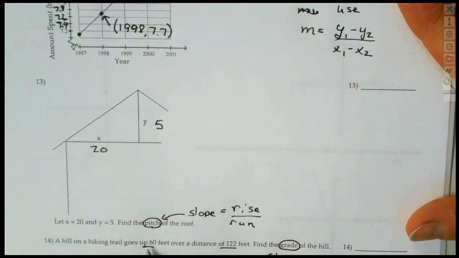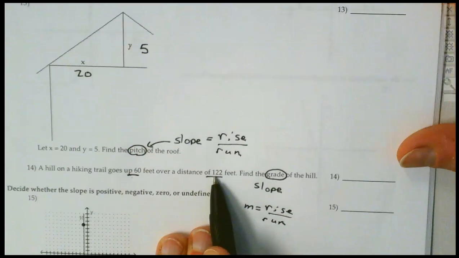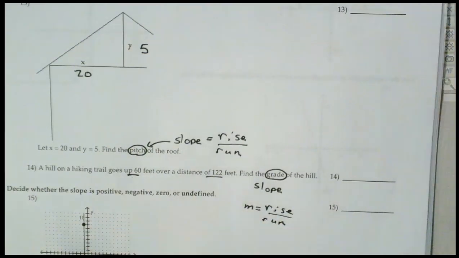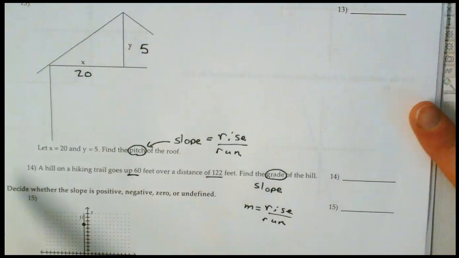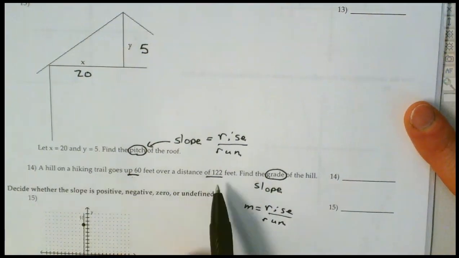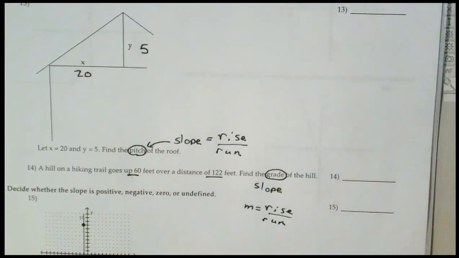So you're going up 60 over 122. Right? So there's your formula. Just use that. You've got 60 over 122. Break it down from there. Not going to finish it. You should know what to do. You're wanting the grade, which is the slope. You've got it labeled as you're going up. That's your rise. Over, which is the run. Put them together. Find your slope.